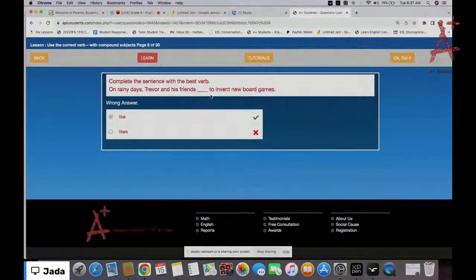And if friends shows me that it's plural, I cannot put a singular verb, because the likes that I clicked here, likes with S, is a singular verb. And the friends there shows that it's a plural subject. So that's why it's wrong.